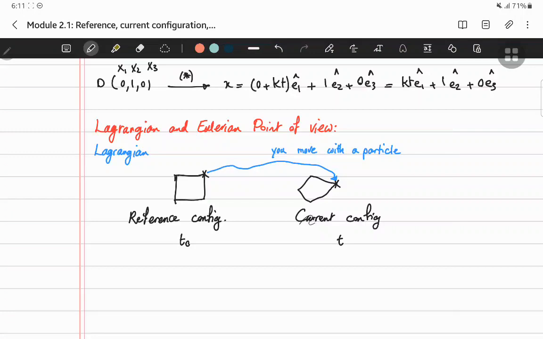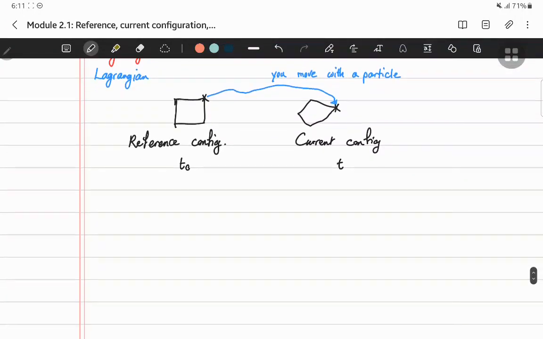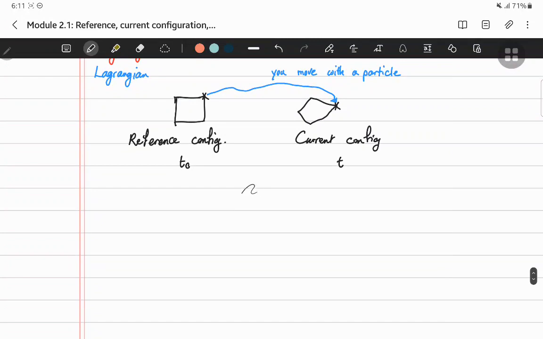So we call this a Lagrangian point of view. And the book used the hat here. So if you have a parameter like theta, which is an indication for temperature, you have theta hat of x1, x2, x3, and t. So it is a function of its position at time t.